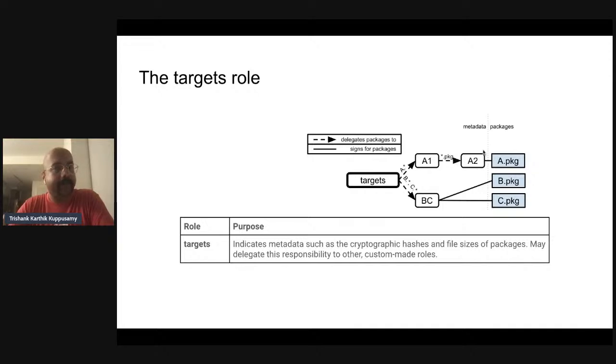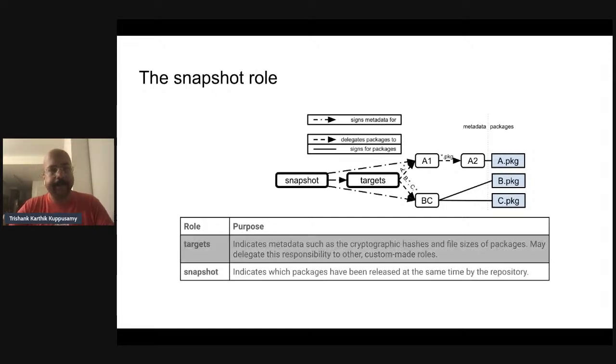Go ask A2 about it. You see, I can cleanly separate the duties of signing what to which precise roles. So the BC role here is going to sign all B and C packages. You get the idea. You can recursively go on splitting duties like this. So that's a very nice feature that we'll talk about, how we distribute the signing responsibility in PyPI.